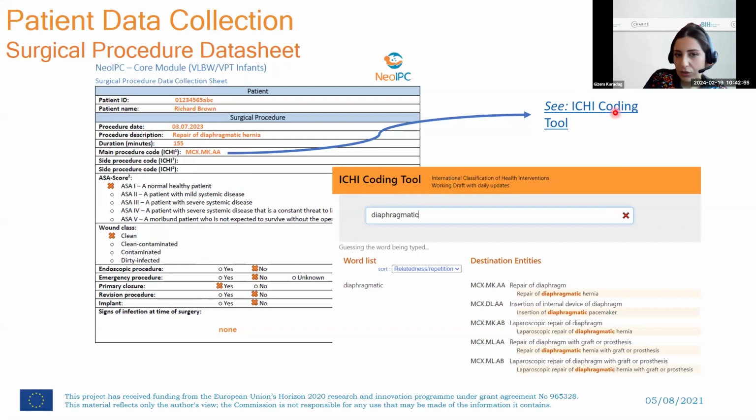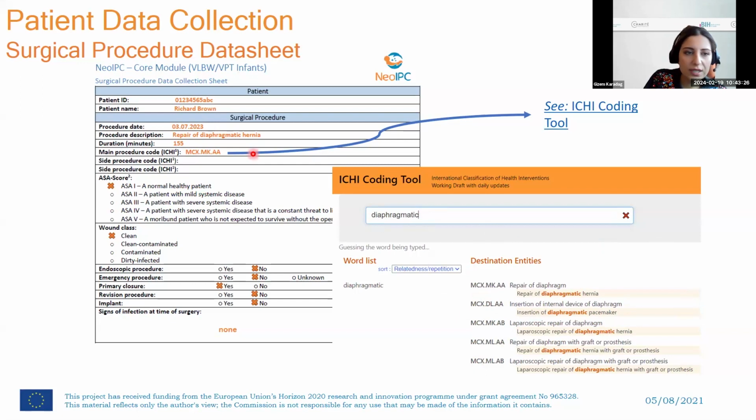You find this link also in the protocol. When you click on this link, this page will open, and here you see there's a search bar where you can write a keyword of the procedure that the patient had, and then you'll see a list of procedures that will probably match the procedure your patient had. So you'll find the most accurate one and then enter its code in this section.